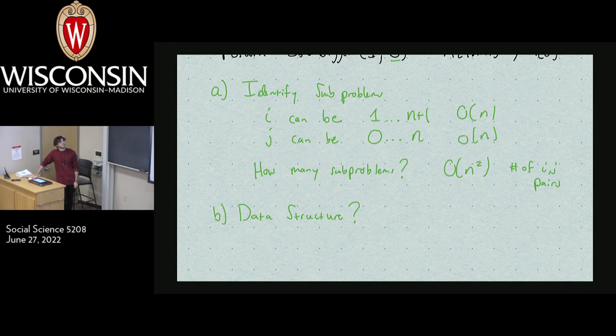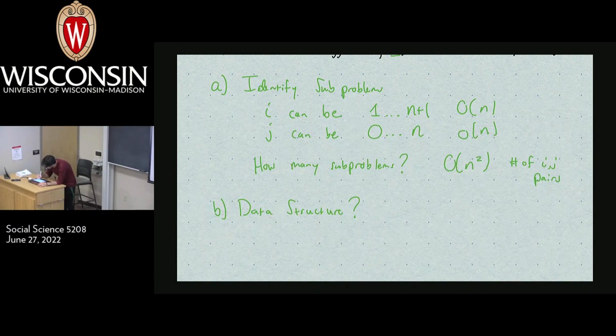What's a convenient data structure that can hold pairs of numbers? Yep, a matrix, we'll call it a 2D array. So a matrix slash 2D array.